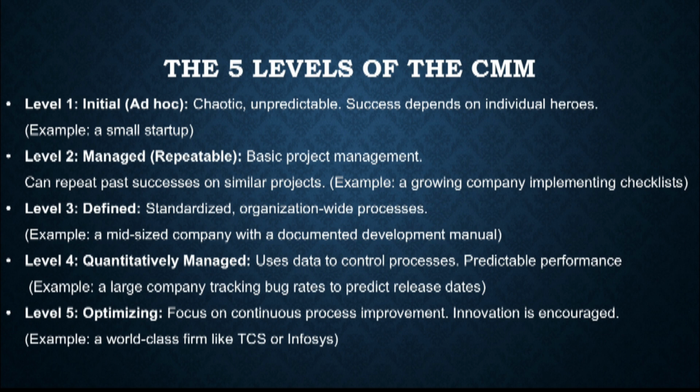It's like a champion team that constantly analyzes its performance and adapts its strategies to stay ahead of the competition. By moving through these 5 levels, an organization can transform its software development process from unpredictable chaos to a disciplined, data-driven engine for quality. We'll move on to the next slide.